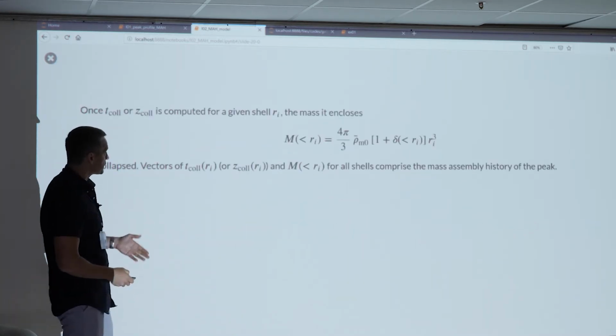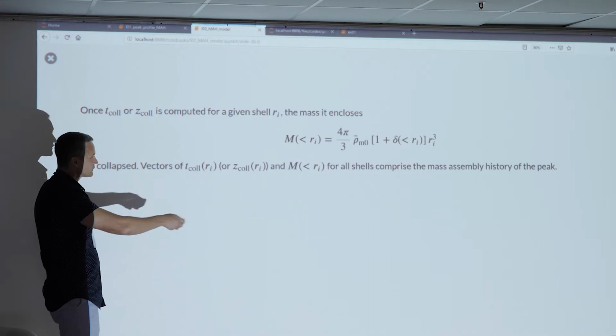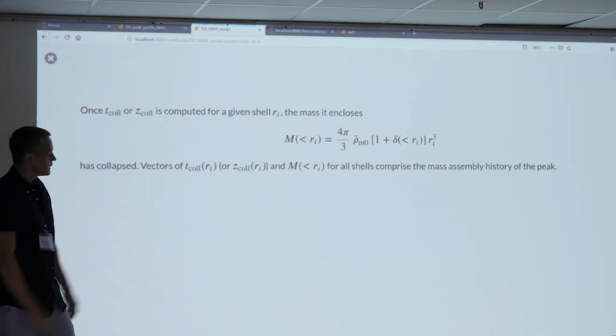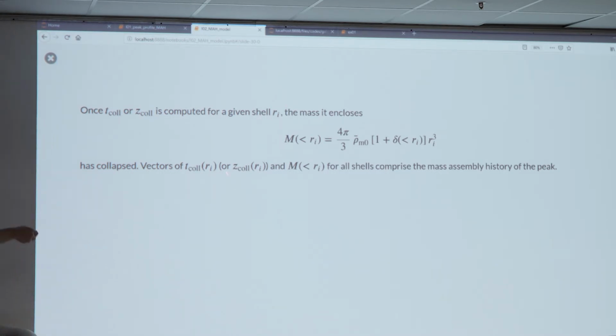So then, if we start with a given initial perturbation with a given profile delta as a function of Ri, the mass enclosed within this radius is given by this equation, right? So within the sphere. And so for every single shell, we can record its collapse time or collapse redshift. We can record mass within this radius. And this gives us time as a function of mass.